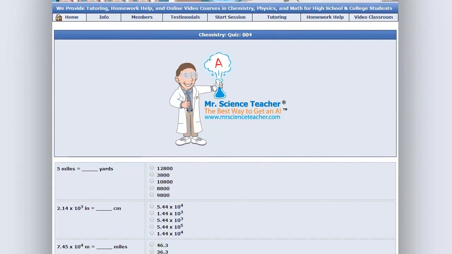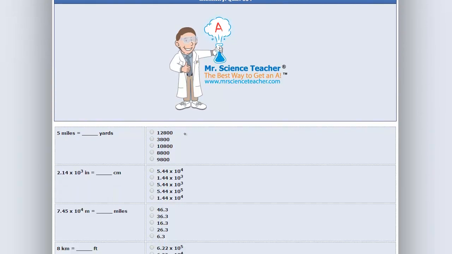Okay, quiz 4. So let's look at this. 5 miles and we want to go to yards. Well, there are 5,280 feet in 1 mile. And so the miles will drop out and I'm left with feet.